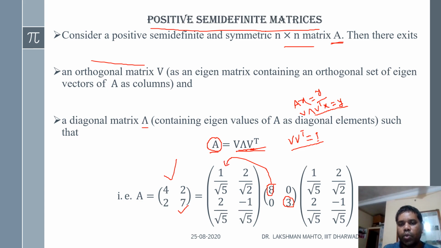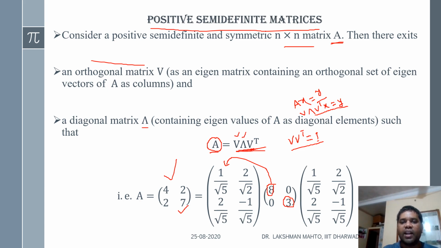With respect to the first eigenvalue, we get the first eigenvector (1/root 5, 2/root 5), and with respect to eigenvalue 3, we get the second eigenvector (2/root 5, -1/root 5). These eigenvectors are orthogonal in nature, and we know that if a symmetric matrix has distinct eigenvalues, then the corresponding eigenvectors are definitely orthogonal to each other.